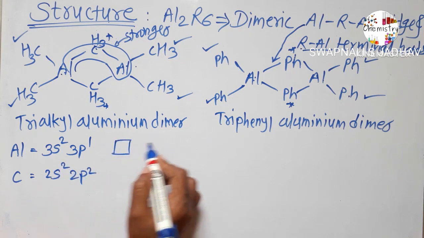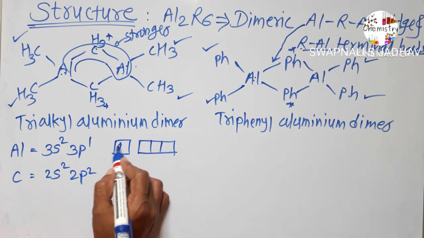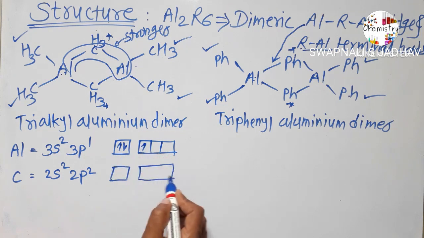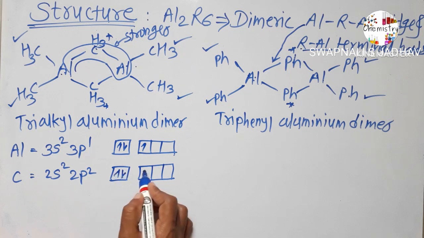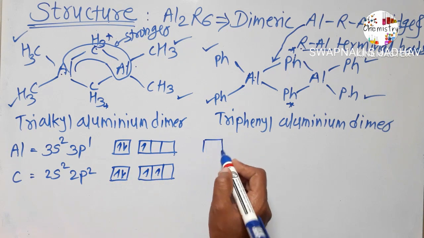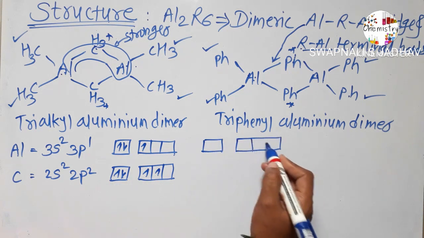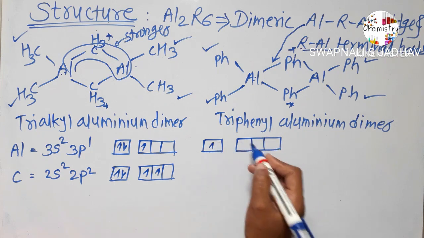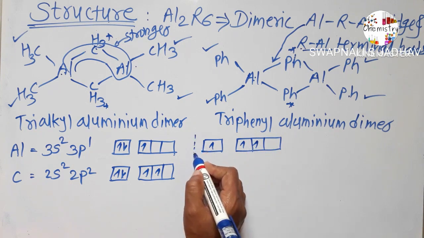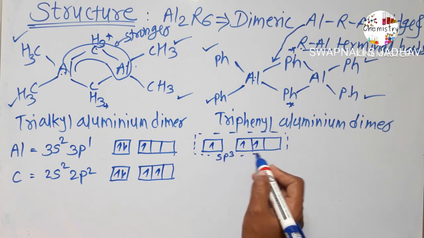So in ground state, aluminium is 3s2, 3p1 and carbon is 2s2, 2p2. In excited state, what happens? The 3s electron of aluminium is excited to the 3p orbital, so 3s1, 3p2, sp3 hybridization.